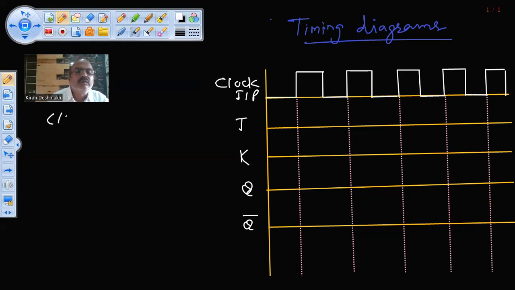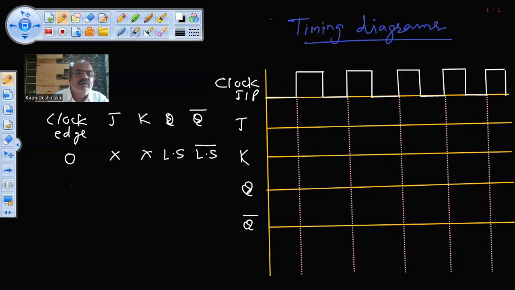Here I will draw the truth table: clock, J, K, Q, and Q bar. If the clock edge is 0, whatever may be your J and K inputs, the output will remain in the last state. If the clock is going positive, positive edge trigger: if J is 0 and K is 0, it will remain in the last state.